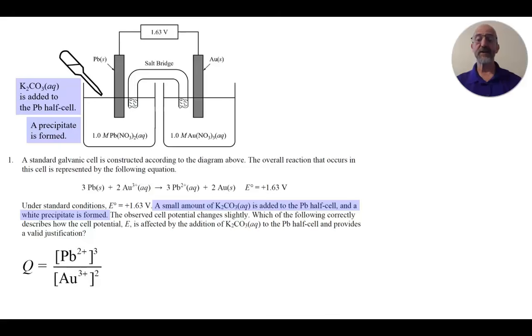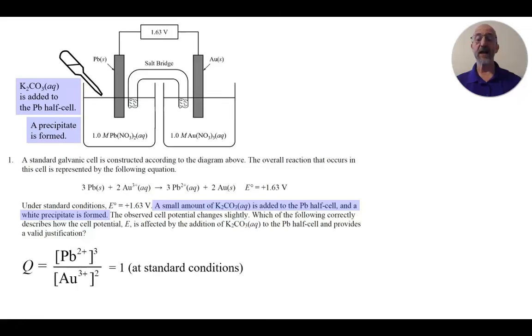So under standard conditions, the concentration of the lead ions and the concentration of the gold ions would be equal to 1. So the value of Q is equal to 1 at standard conditions. Now, if you're wondering, how did I know to write the reaction quotient Q in this way? All I'm doing is the traditional setup for the equilibrium constant expression.